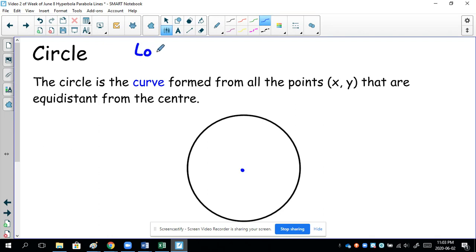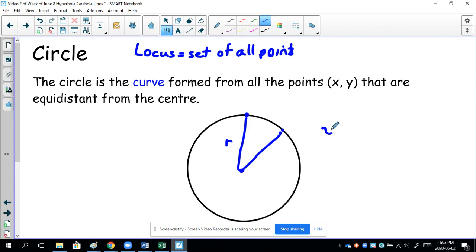If ever you see or hear me say locus, locus is set of all points. Okay, so set of all points x, y, such that every point on the curve is equidistant from the center. So no matter where you are on the curve, we're equidistant from the center. And what is that distance? That distance is actually r.